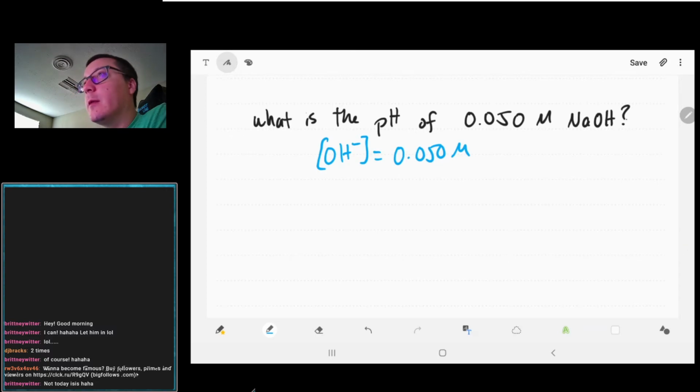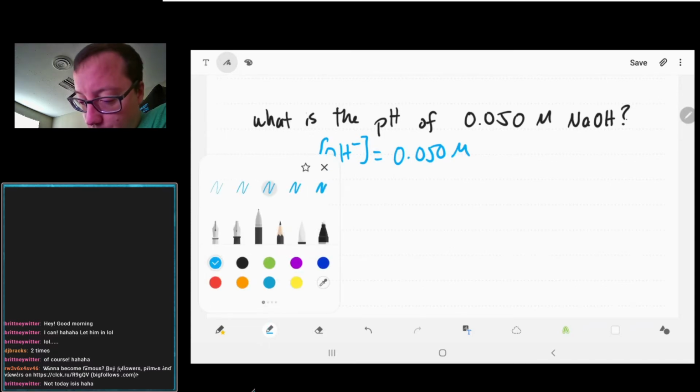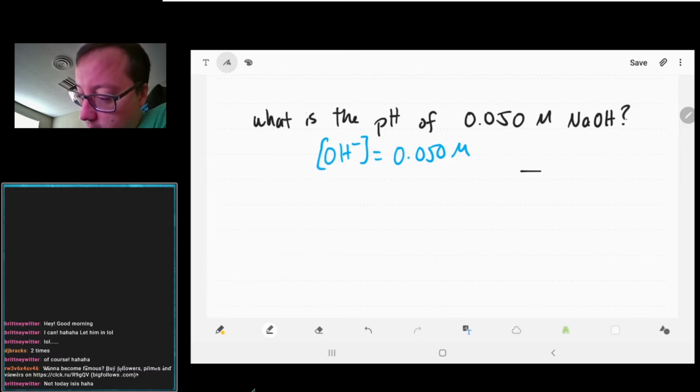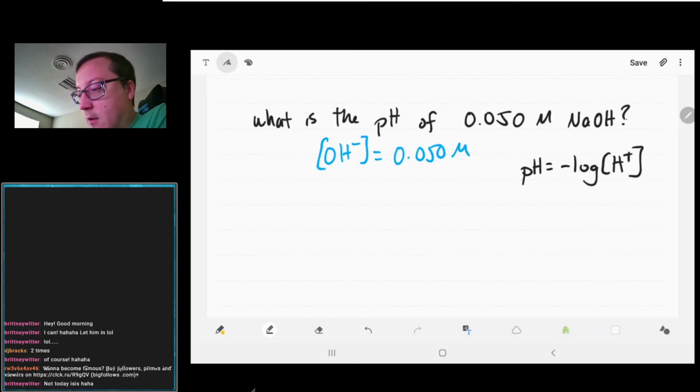Alrighty, so if we look at this, we can find the OH concentration directly from the numbers we're given. And so if we're asked for pH, if pH is negative log of H plus, well, we don't have H plus, right? But we can get it.